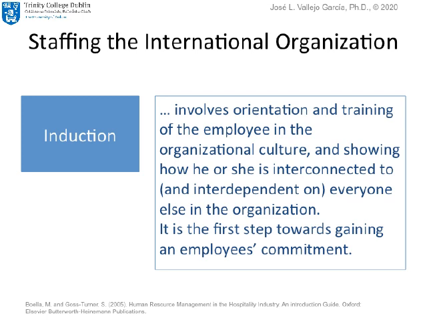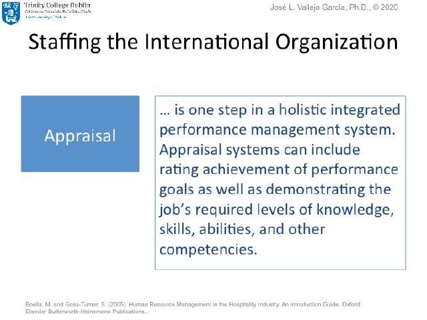Anyway, the next aspect here is appraisal, which is one step in a holistic integrated performance management system. Appraisal systems can include rating achievement of performance goals as well as demonstrating the job's required levels of knowledge, skills, abilities, and other competencies.